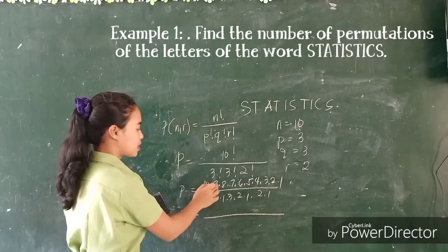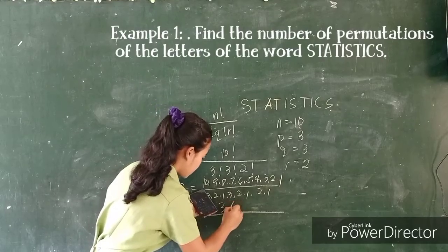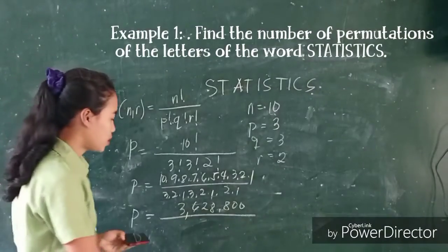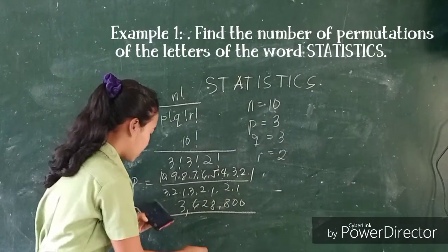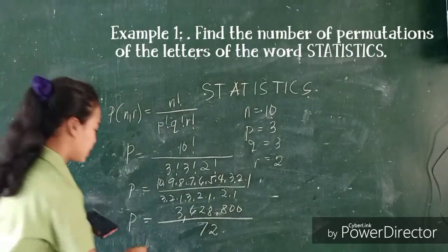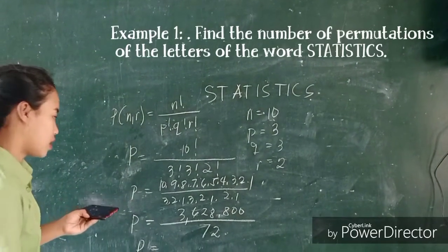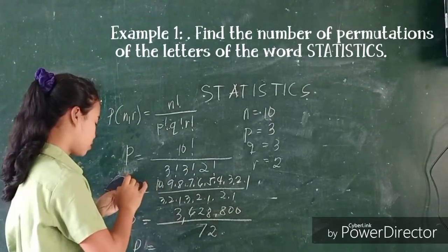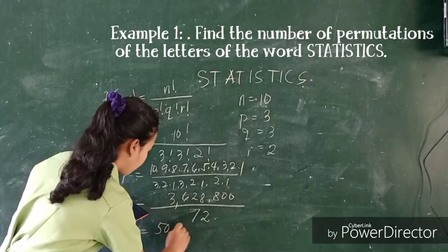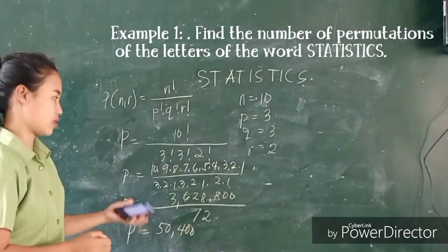We have 10 times 9 and so on is 3,628,800. Okay, so multiply these numbers. In the denominator, we have 72. Now, 3,628,800 divided by 72 is equal to 50,400. So, there are 50,400 permutations.